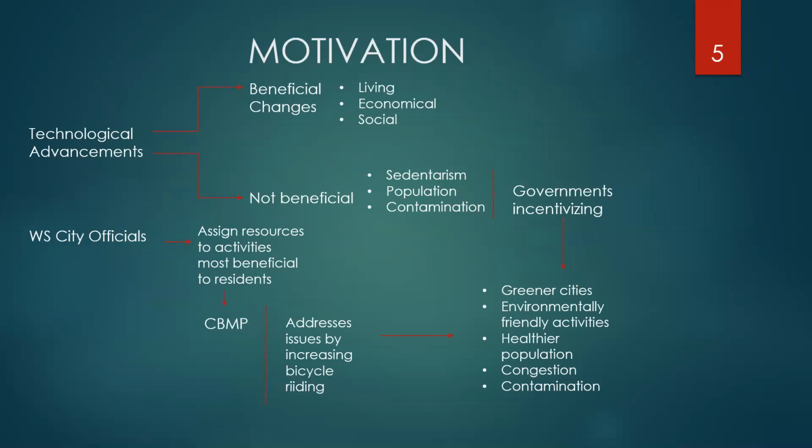This is how the Comprehensive Bicycle Master Plan came as a viable solution to address issues by increasing bicycle riding and at the same time promoting Winston-Salem to become a greener and more environmentally friendly city, promoting a healthier population and decreasing traffic congestion and contamination.